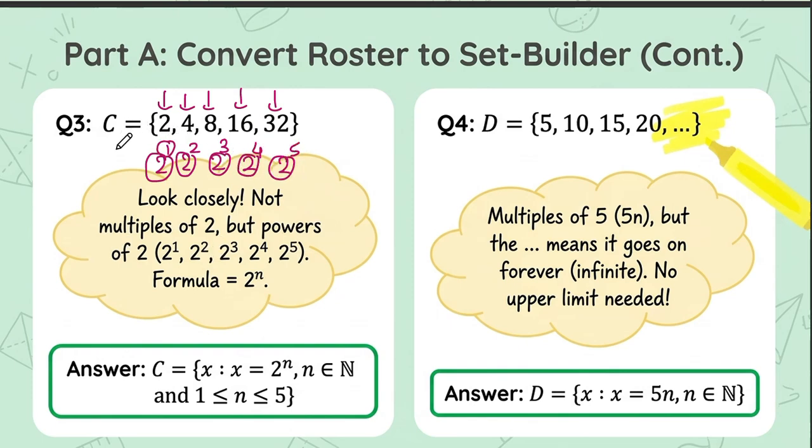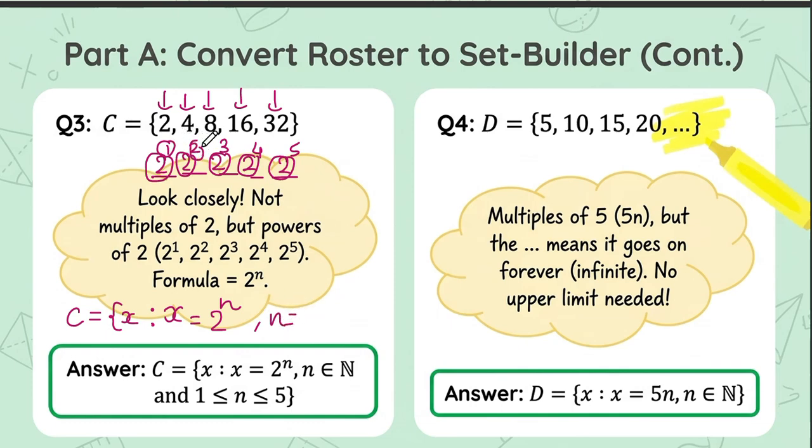So how to write this set builder form? C is equal to set bracket x, then such that x is equal to this much, it is fixed. Then the base number is fixed, which is 2. So we have to write down 2 fixed. Now what is changing? Power is changing. So instead of that we have to write down n. After that comma, so that n is taking which values?